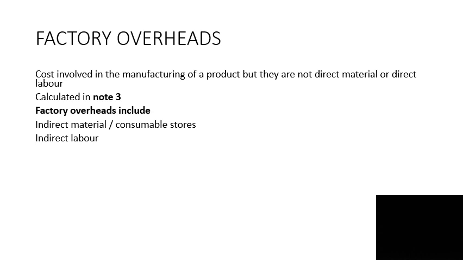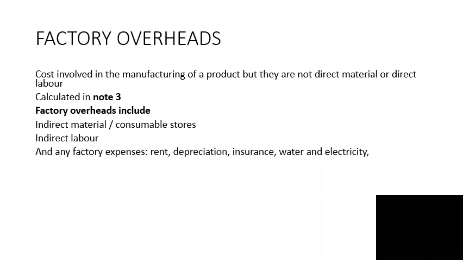They are paid, but they are not directly involved. Still, as we calculate indirect labor, we have to know it is gross salary or wages plus total contribution plus any bonus or allowance given to the workers.